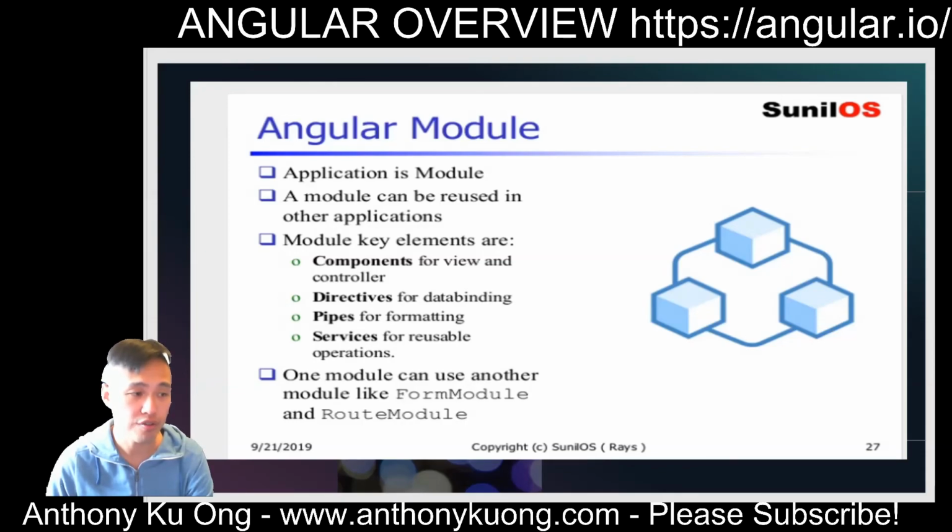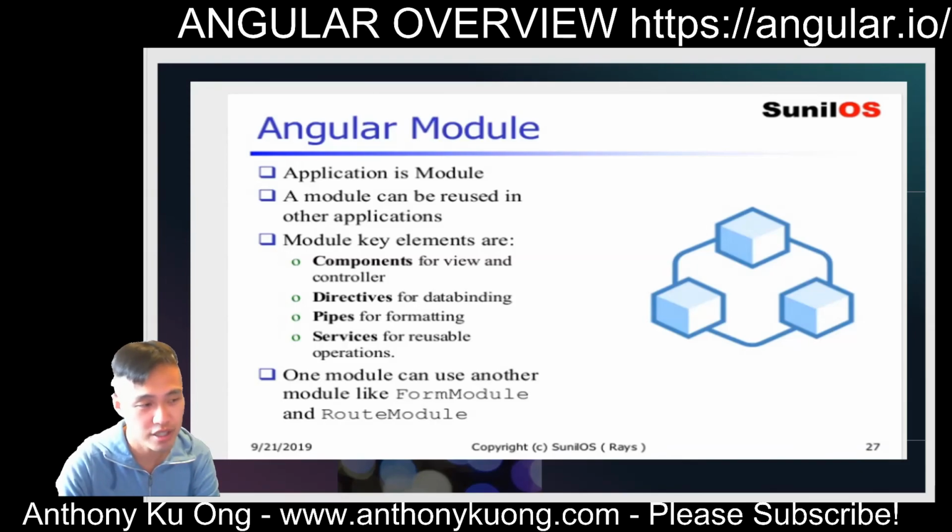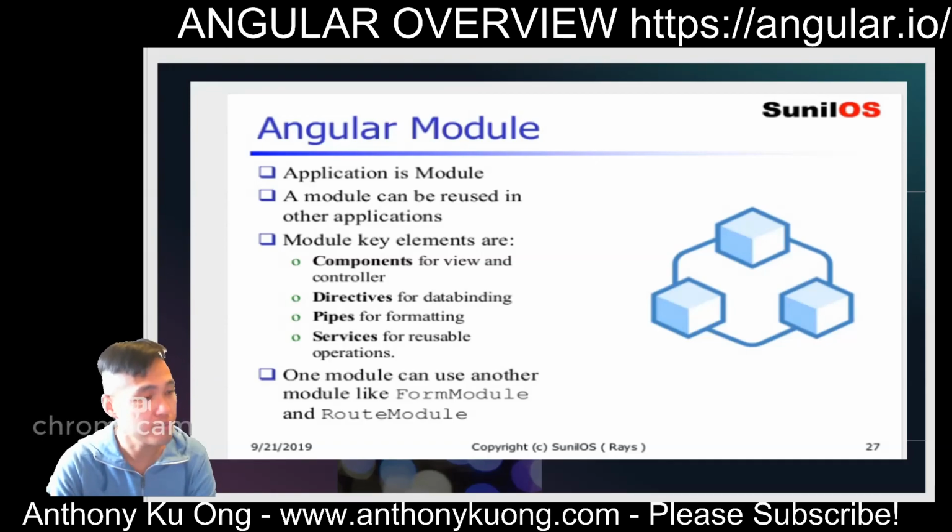Pipes are generally used for formatting, and you would use the pipe syntax when you go to the Angular.io documentation. Services are normally dependency injected, and you usually use @Injectable to specify that something is injectable and will be reused throughout your application.